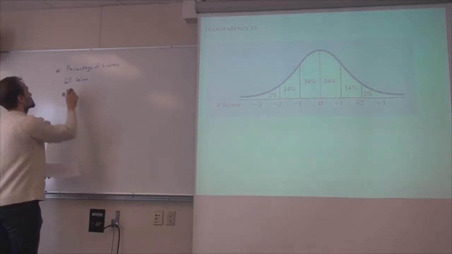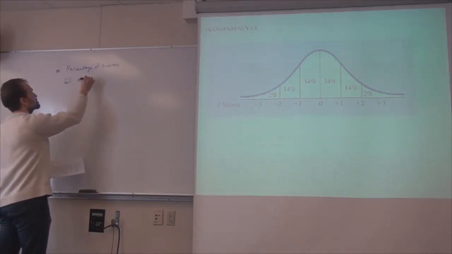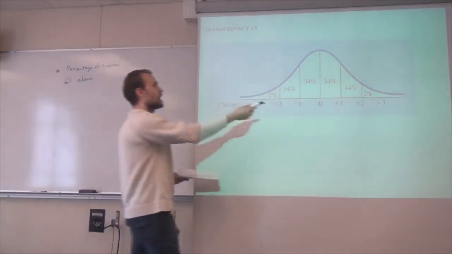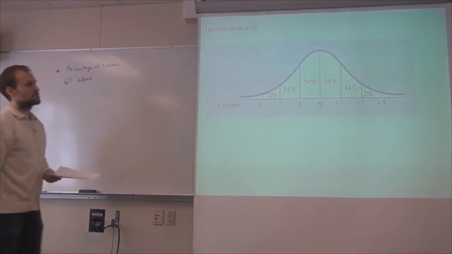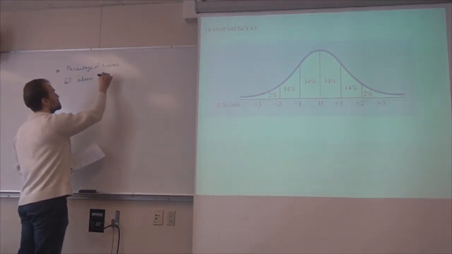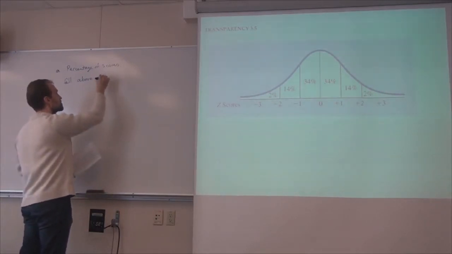Let's start with above, just to make it simple. What percentage of scores fall above? I don't pick 0, 1, 2, or 3, but what if I pick 1.5? Let's say Z equals 1.5.